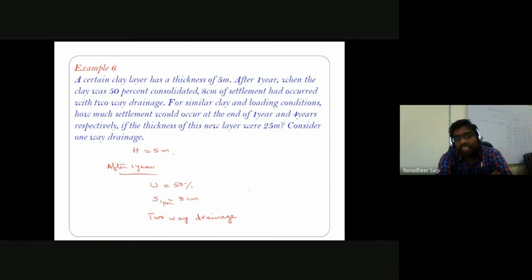Case 2, same soil properties, same loading condition, but instead of 5 meter thickness, I have 25 meter thickness of soil strata. For that 25 meter thickness, after 1 year and 4 years, I am required to calculate the settlement with only one-way drainage existing. So how do we calculate?